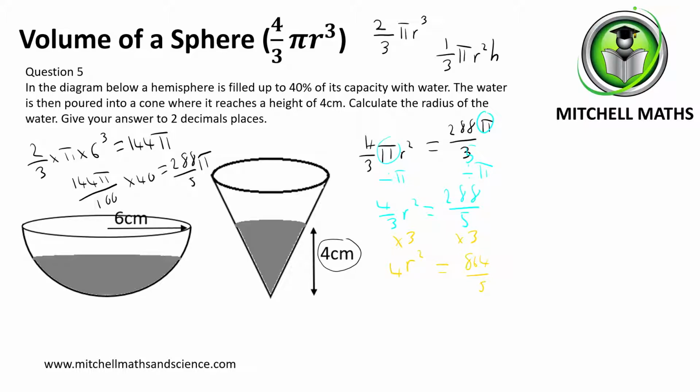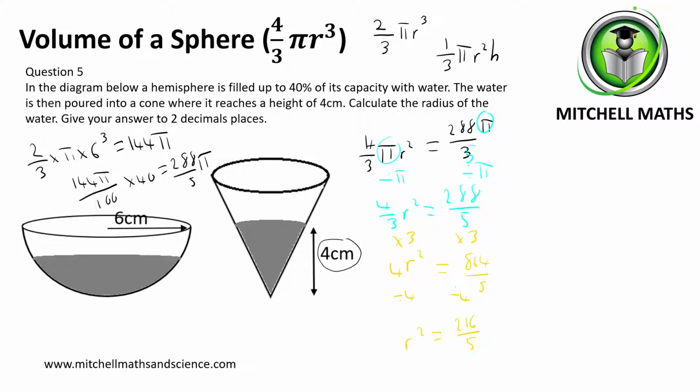And if I divide by 4, I'll get r squared equals 216 over 5. And the final thing I'm going to do is square root.